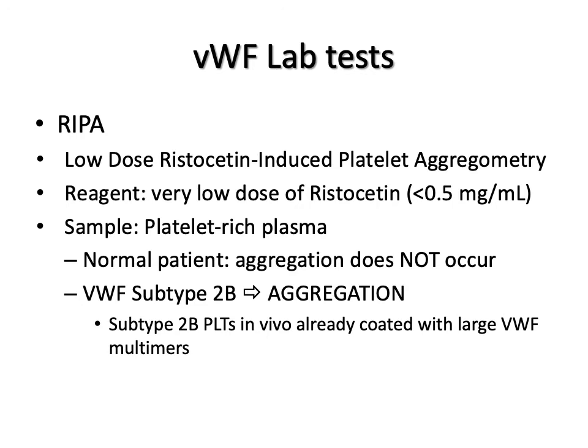A normal patient needs more than 0.5 milligrams per milliliter of ristocetin to show platelet aggregation, whereas von Willebrand disease patients, type 2B, will show platelet aggregation because platelets are already coated with large multimers in vivo. When the reagent is added, even if it is a very small amount of ristocetin, less than 0.5 milligrams per milliliter, aggregation will occur.